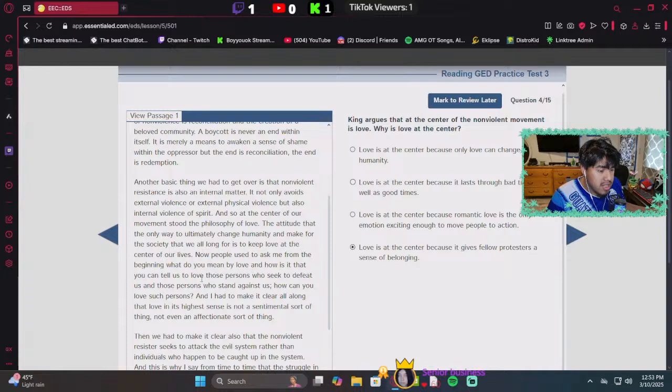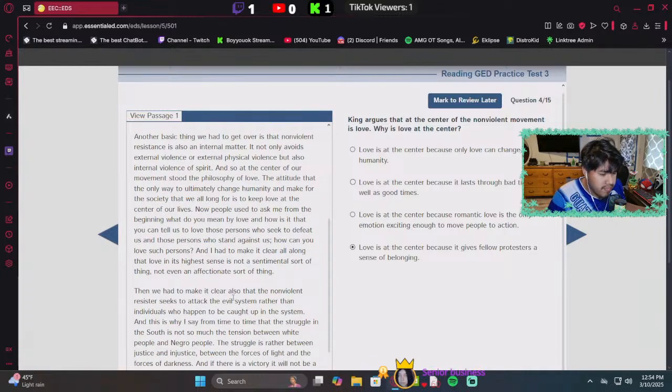You tell us to love people who seek to defeat us, these persons who stand against us. How can you love such a person and make it clear that love is the highest sentimental sort of thing, but not even an affectionate sort of thing?